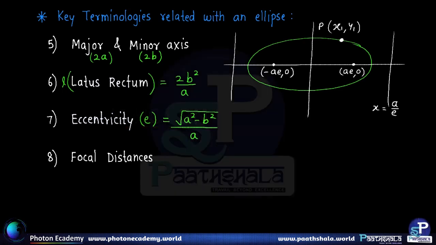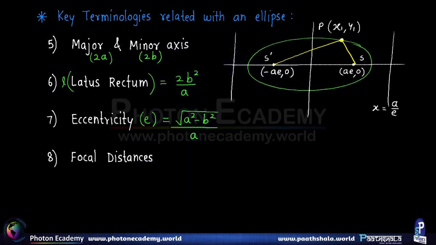Let's call this point P, and these are S and S dash. So focal distance basically means the distance between the point and the focus, and we have to consider both the foci. We want to find the expression for SP and the expression for S dash P. Let's first focus on SP.